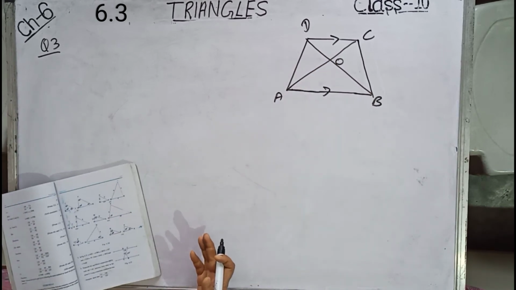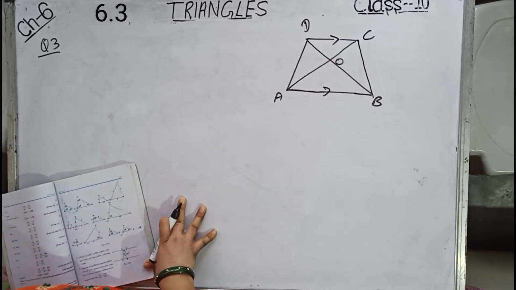So this theorem can also be said to prove that the diagonals of a trapezium bisect each other.